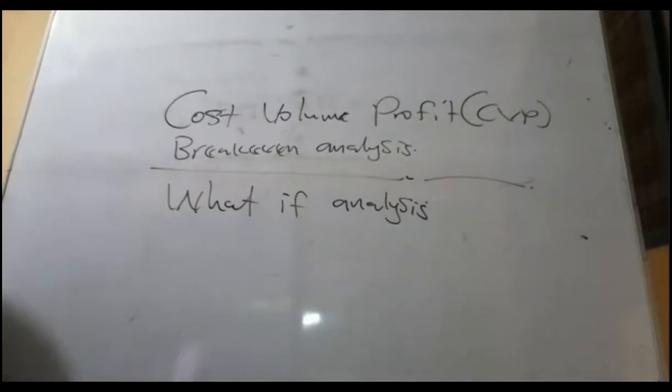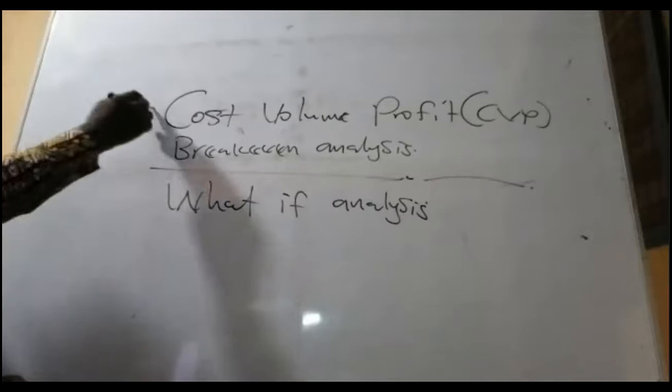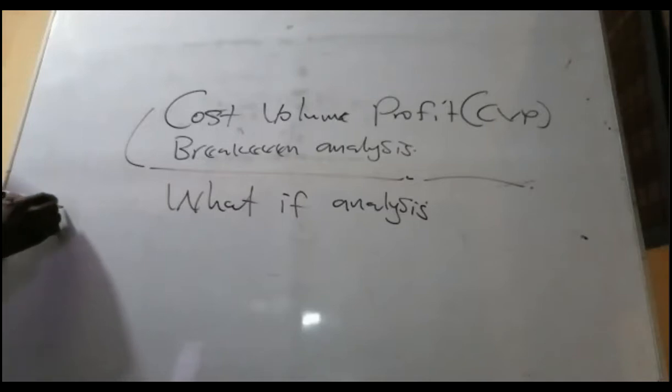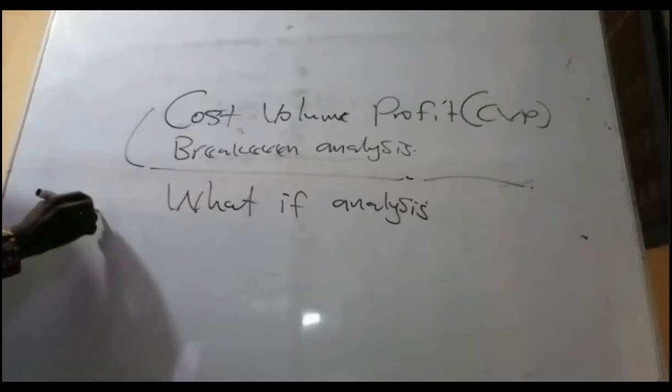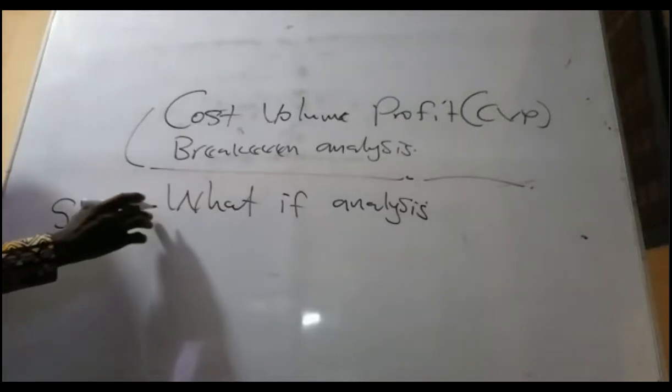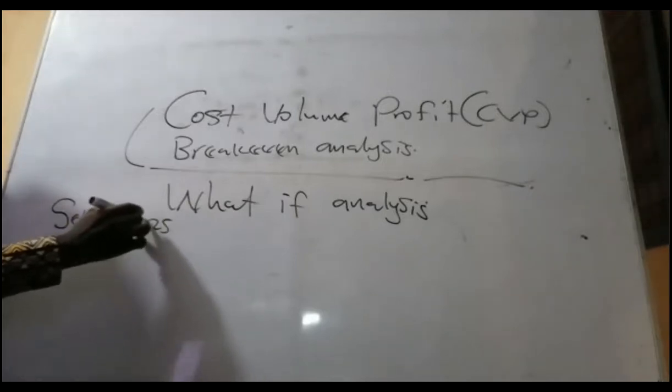Now, when we talk about break-even, before I explain, let's just perform a small exercise here to understand the concept behind break-even. Let's assume that our selling price for a particular product is 25 cedis.